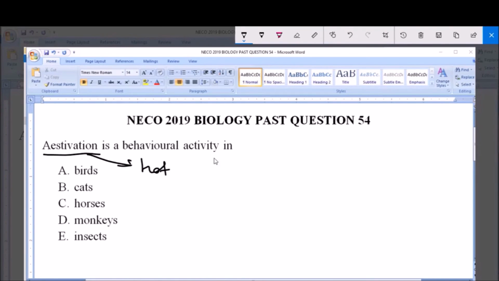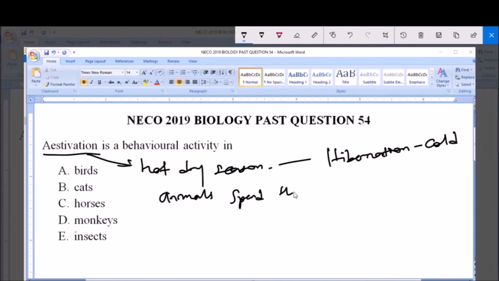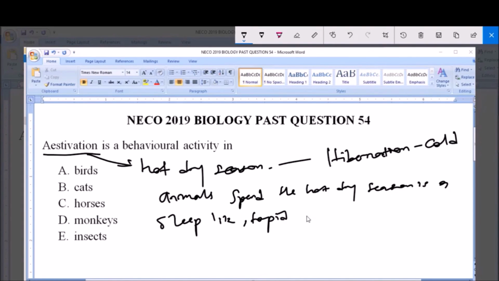Estivation is the opposite of hibernation. Hibernation is done during the cold season. But for estivation, the animals or organisms spend the hot dry season in a sleep-like or torpid state.